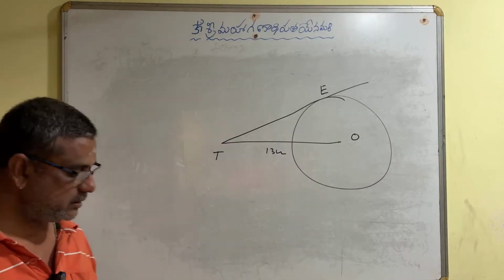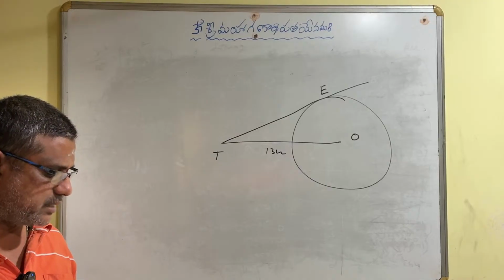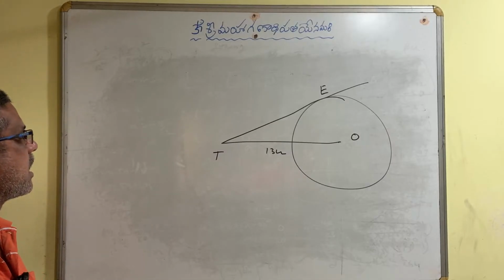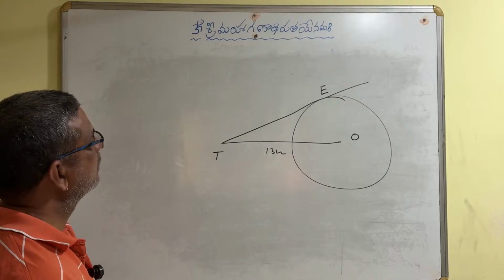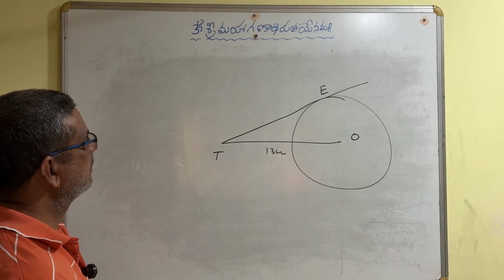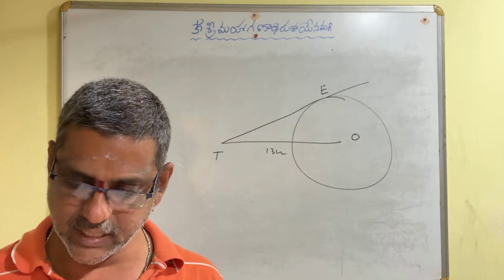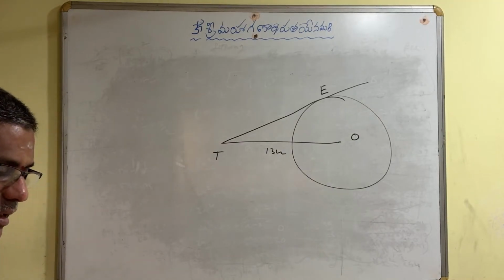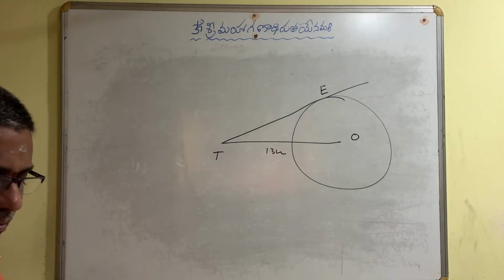OT intersects the circle at E and AB is a tangent to the circle at E. On the basis of above information, find the length of the tangent at point T.